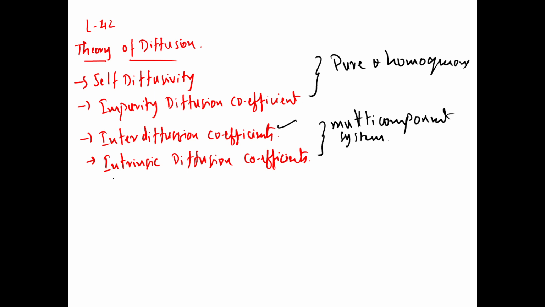Whereas intrinsic diffusion coefficients are determined from the fluxes with a lattice fixed frame of reference or Kirkendall frame of reference. That's why it's called intrinsic diffusion coefficients, and here it is interdiffusion coefficients. This is the main difference between all these four values. Let's start one by one: how we determine the self diffusivity values.